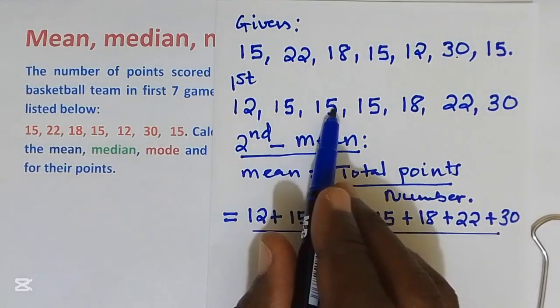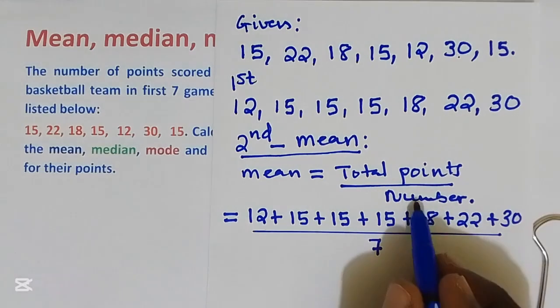They are 1, 2, 3, 4, 5, 6, 7. So number equal to 7.